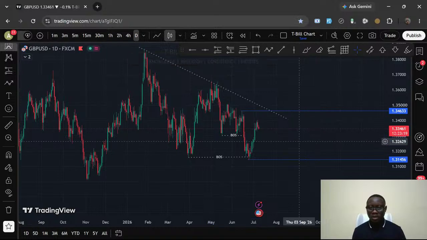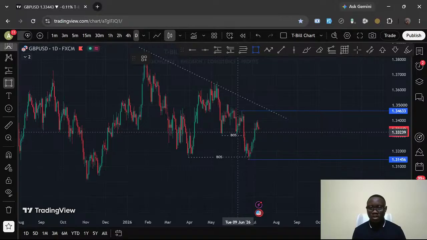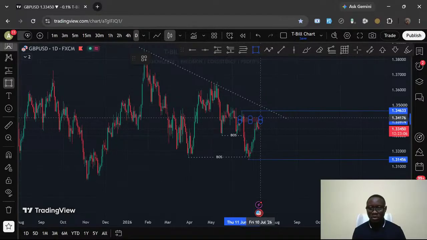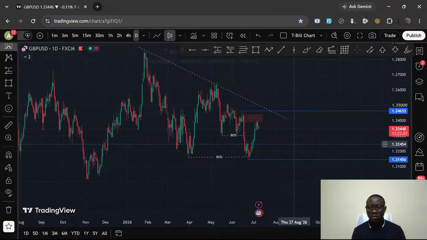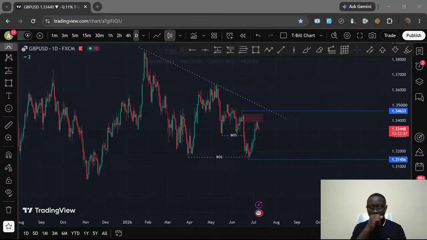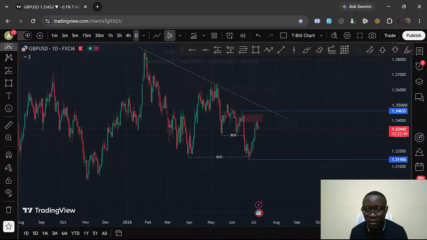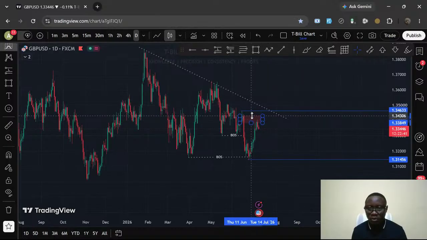As you can see, the market is currently pushing, better pulling back to this zone. So this is our order block zone right here. Market is currently reacting at this zone right here.